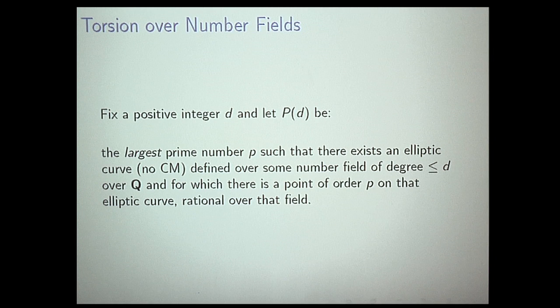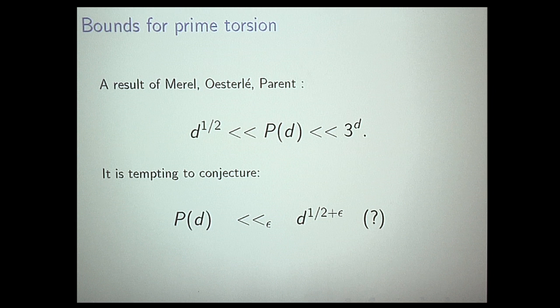Now, what about number fields? Where are we in this same problem for number fields? Well, I'll fix a positive integer d, and I'll let p be the largest prime number such that there's an elliptic curve defined over a number field of degree less than or equal to d, say degree d, for which there's a point of order p on that elliptic curve rational over that field, and we'll consider the various data points for this.